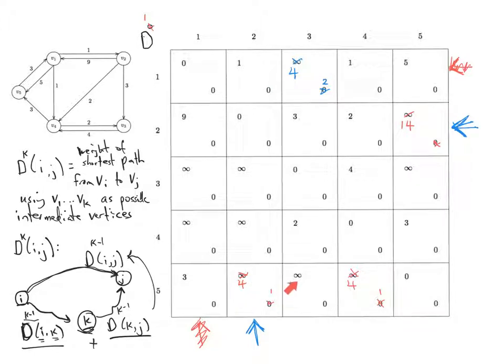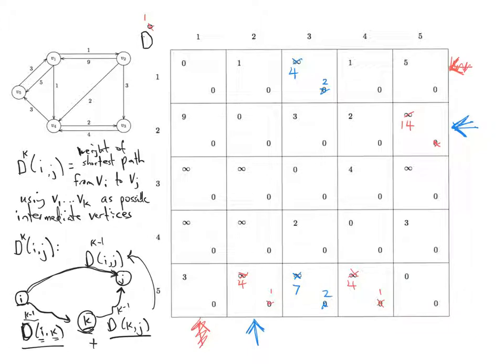And now what about this one? Aha! This is 4 versus 3. So in fact, this can be improved to a 7. So let's do that. Yes. So this becomes 7, and that's going through vertex 2.